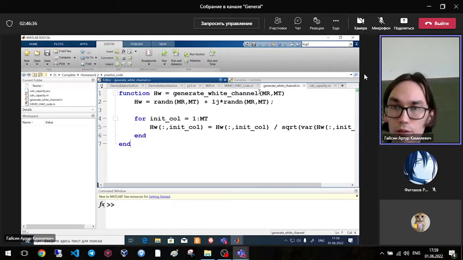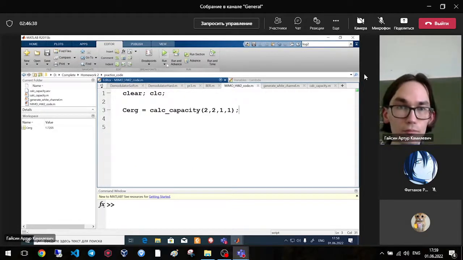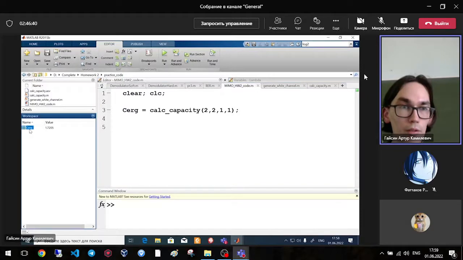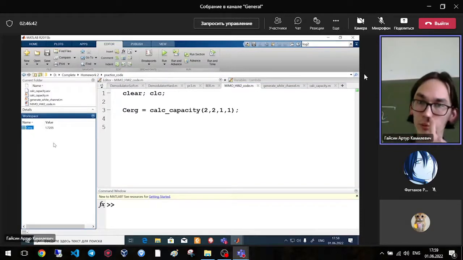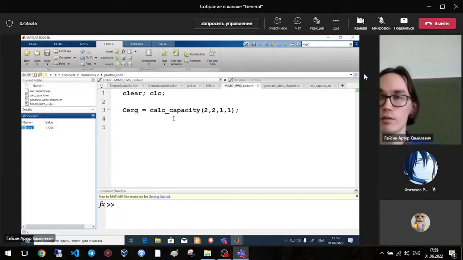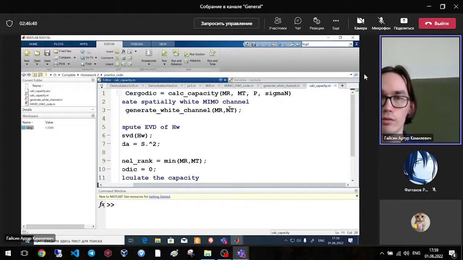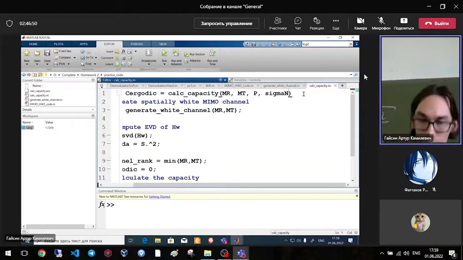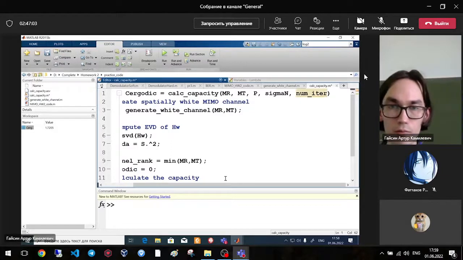Remove this breaker here. Yep. So we get this C ergodic, but we need to calculate it for iterations. Yes. So let's add here also the number of iterations. Number of iter number. Let's write this.